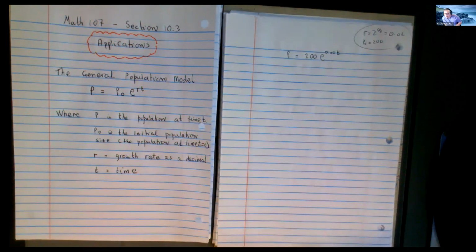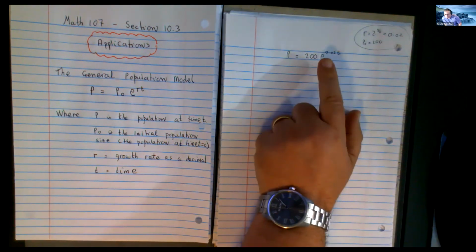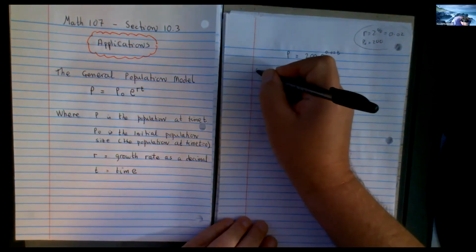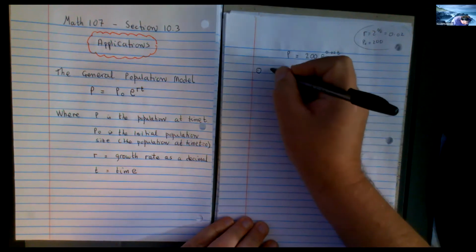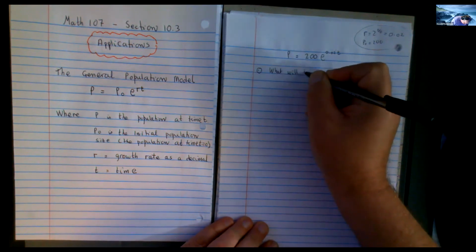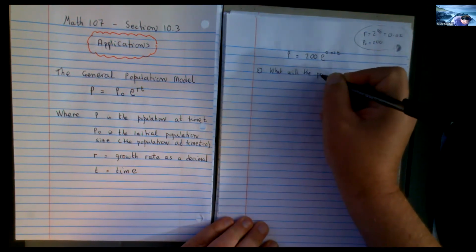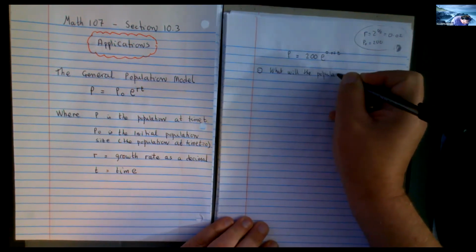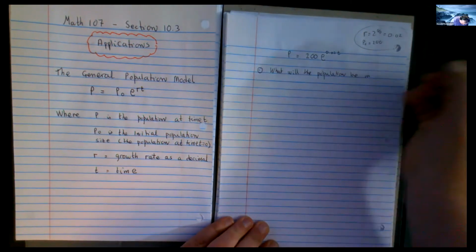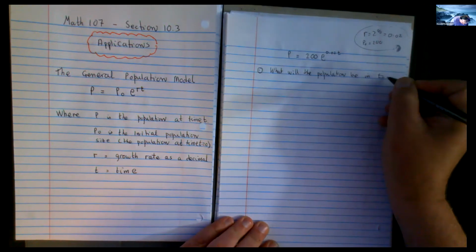There are two distinct types of question that you're now going to get with these formulas. The first question is the easier of the two, and that is, what will the population be in, and then insert some number like 6 years.